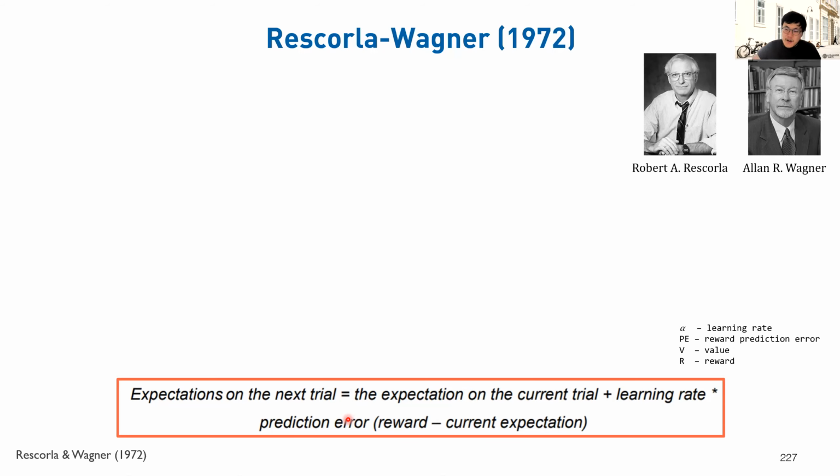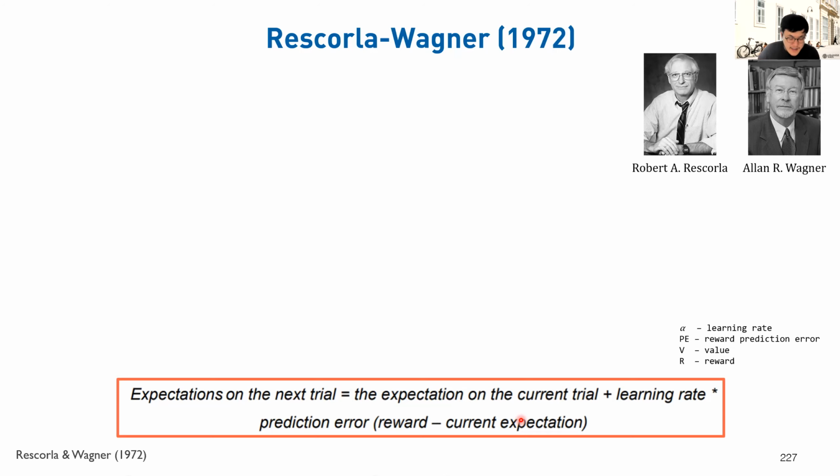What does that mean? If you predict that you will not get money, this is your prediction, but it turns out that you get money. What is your prediction error? That's positive, right? Because what you actually get is money minus what you thought you would get, which is 0. Then you will have a positive prediction error. So basically, you get more than what you think.